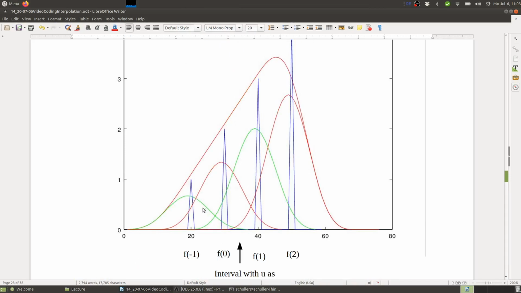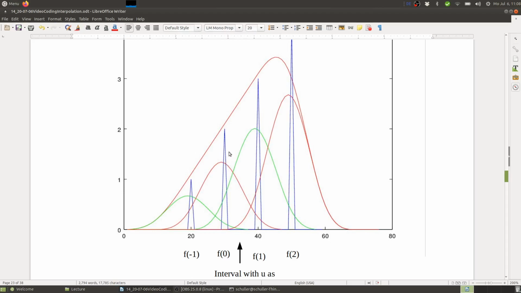Here we have the corresponding spline functions. And you can see the sample values are actually much larger than the peaks of the corresponding spline functions. And that's because the peak of the spline functions is less than 1. It's 2/3 basically.